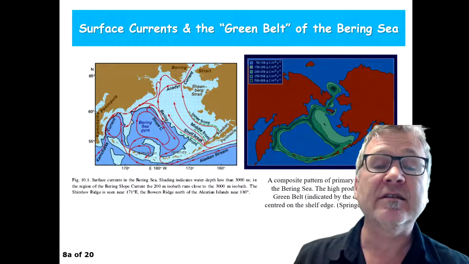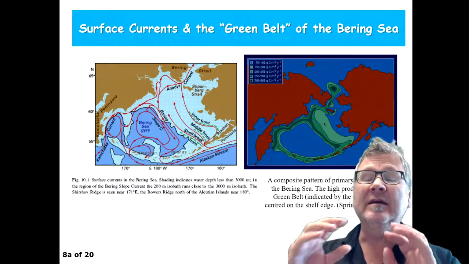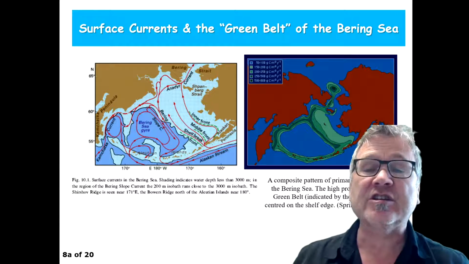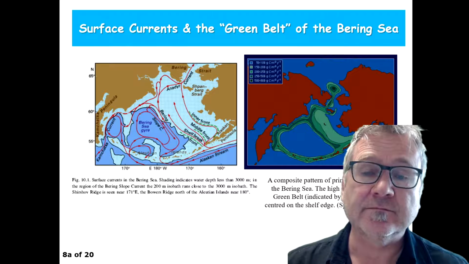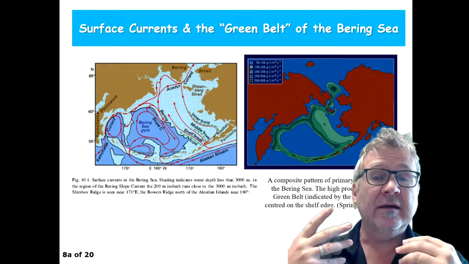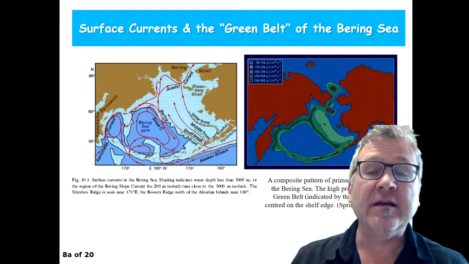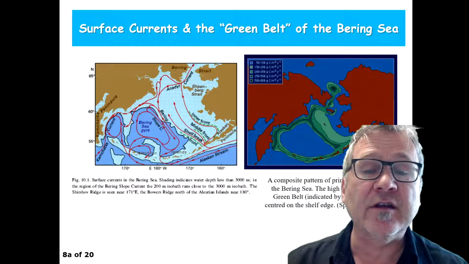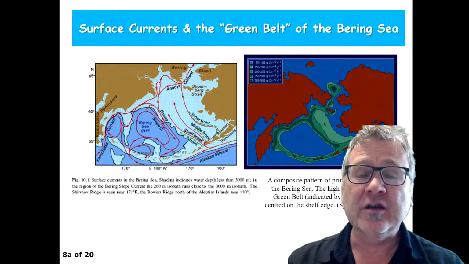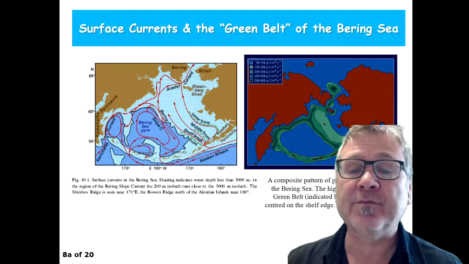It's shown on the right-hand side. What's shown on the right-hand side is the production of plankton. It's the primary productivity of the region, in terms of how much organic carbon is produced.